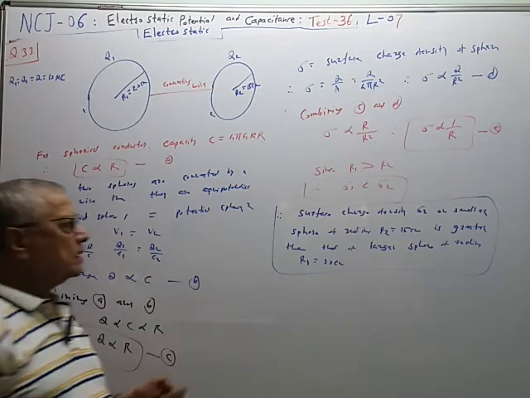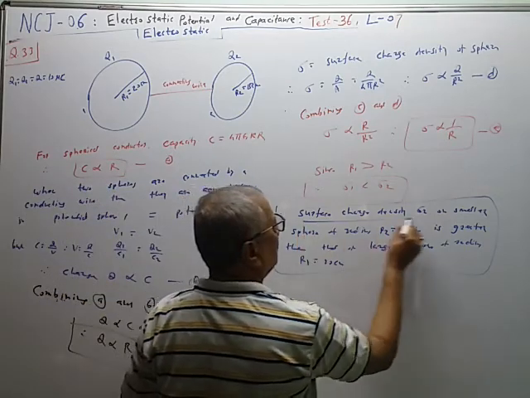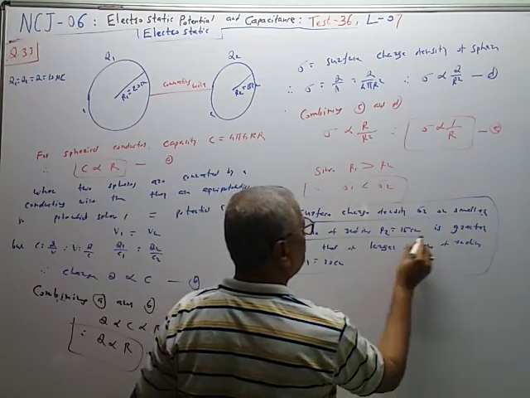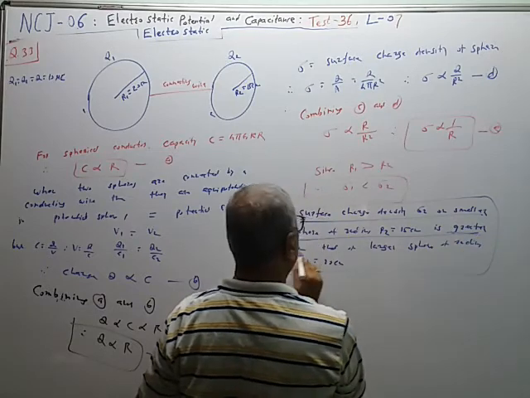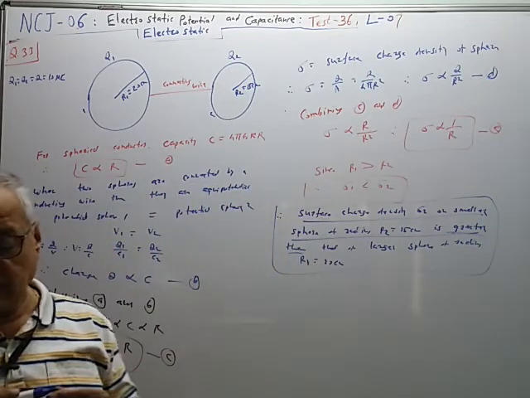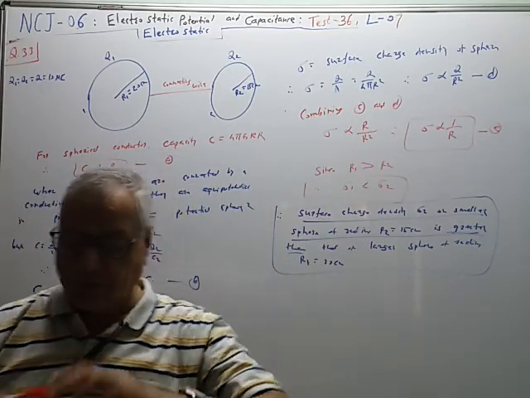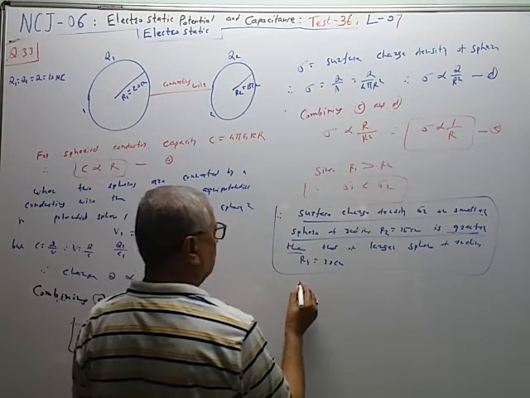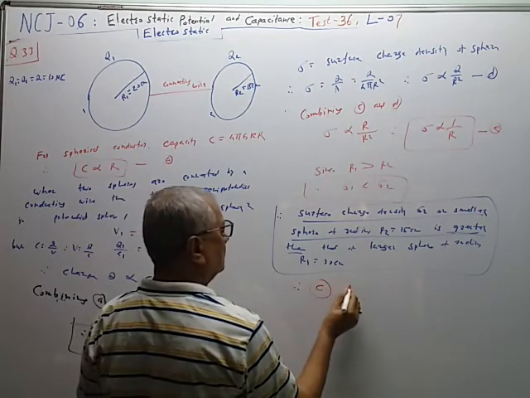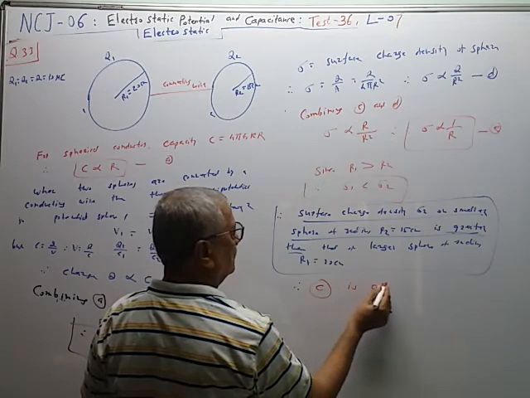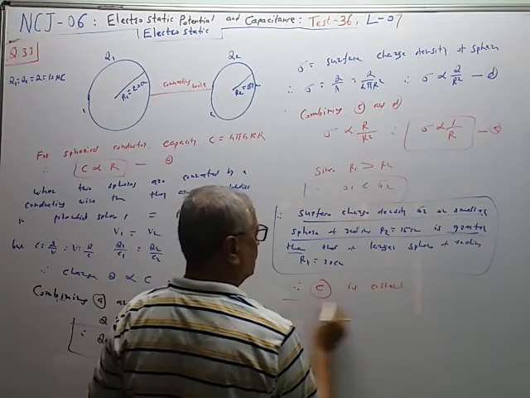So surface charge density on the smaller sphere of radius R2 is greater. So the correct choice is C. C is correct.